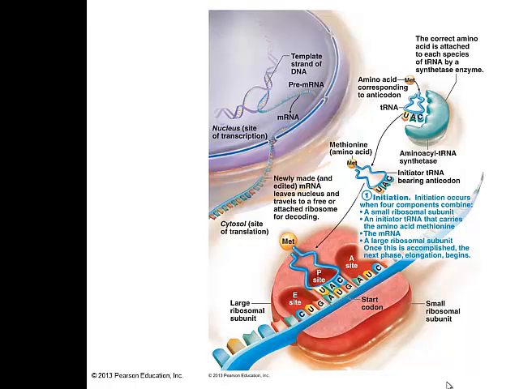Messenger RNA has to detach and leave the nucleus and go park itself on a what? Ribosome. Then, based on the codon, we have transfer RNA that's going to hook up with it with the help of an enzyme and leave behind its amino acid. That's called translation. Okay? Yes?